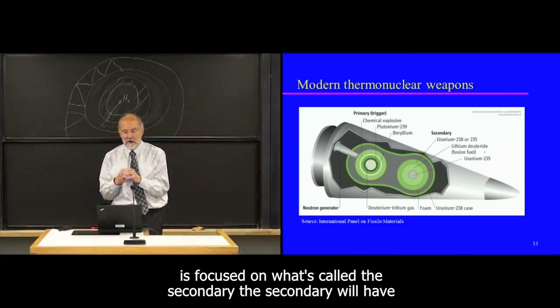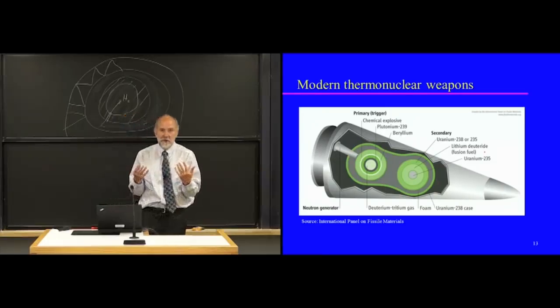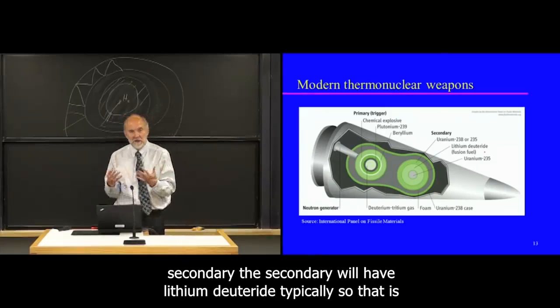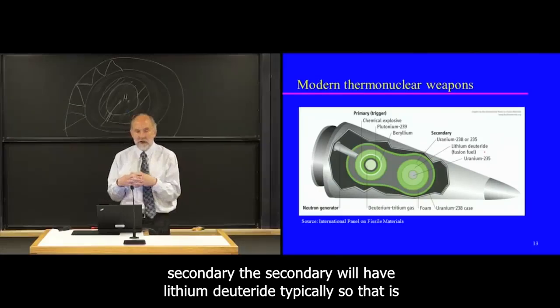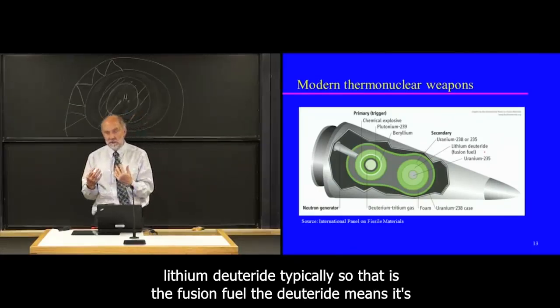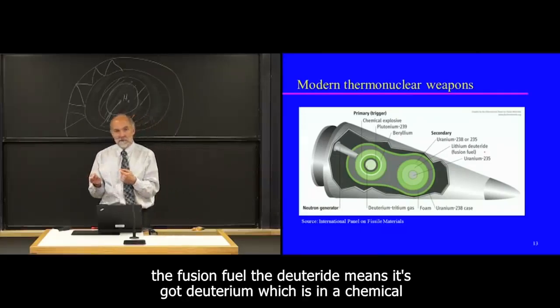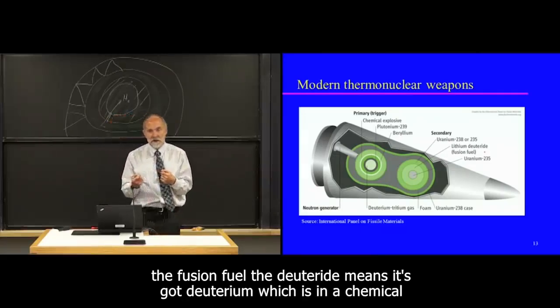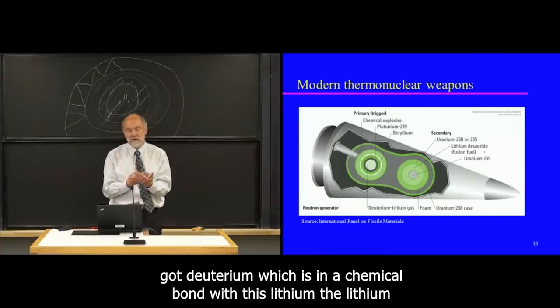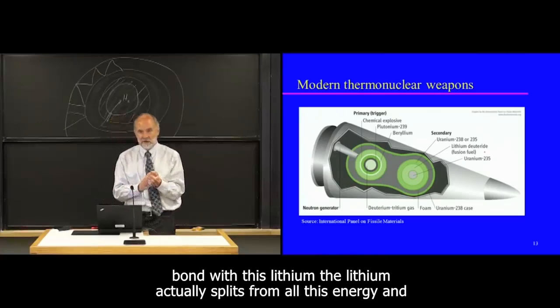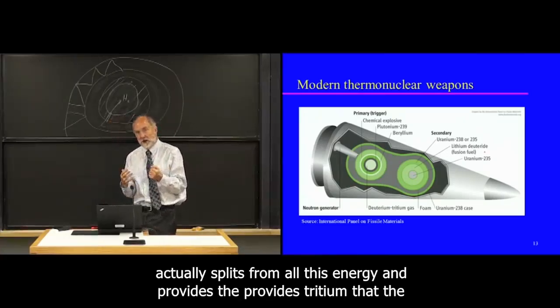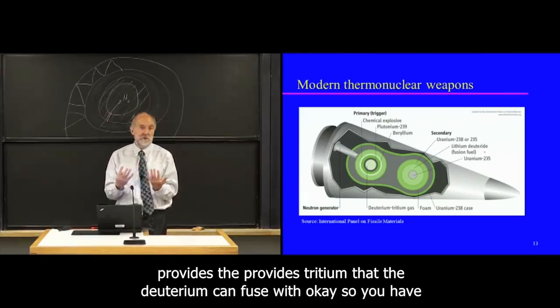The secondary will have lithium deuteride, typically. So that is the fusion fuel. The deuteride means it's got deuterium, which is in a chemical bond with this lithium. The lithium actually splits from all this energy and provides tritium that the deuterium can fuse with.